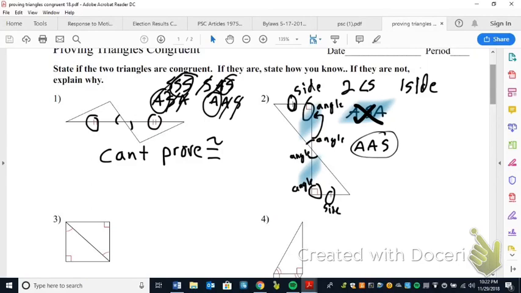Okay, on to number 3. Again, we have 2 angles and a common side. Remember, the reflexive property allows us to say that that middle side, the one that both triangles share, is congruent. So here we have angle, angle, side, and we have the same thing on the other triangle.